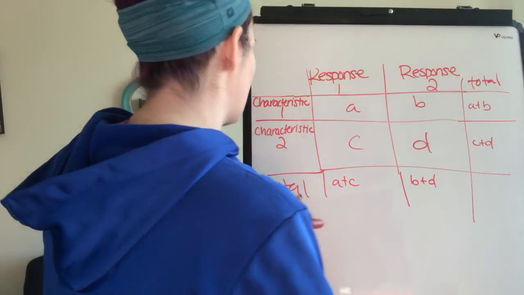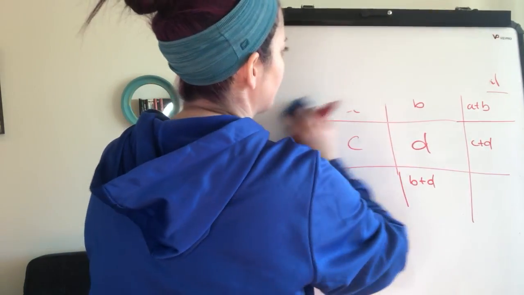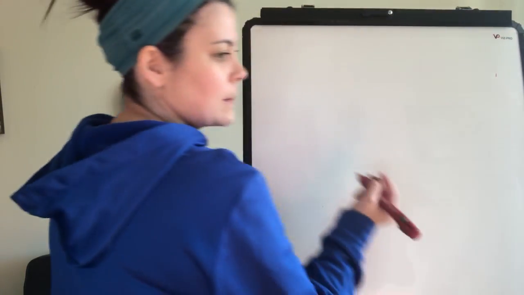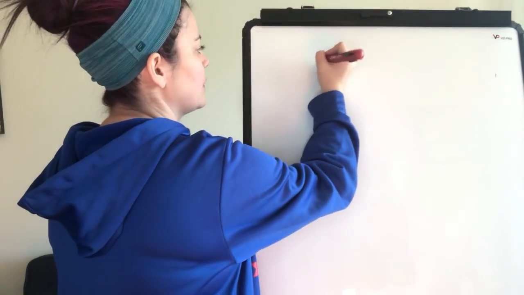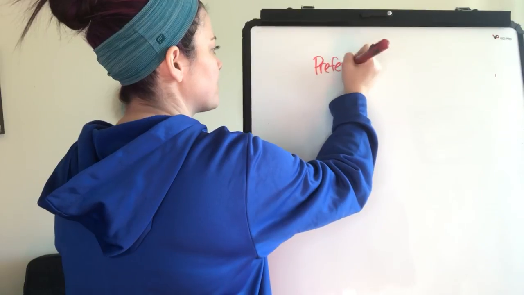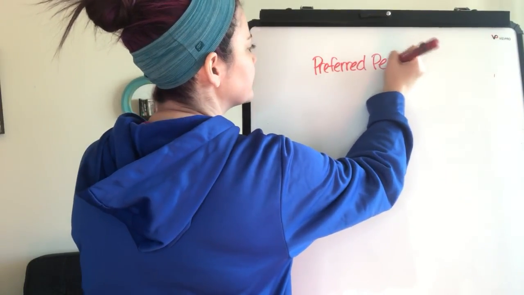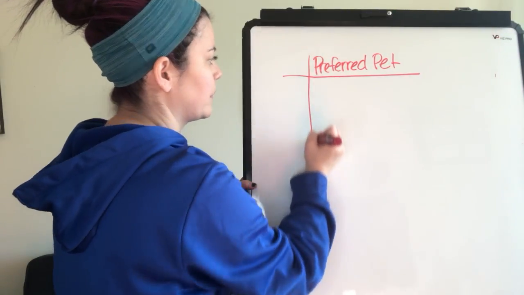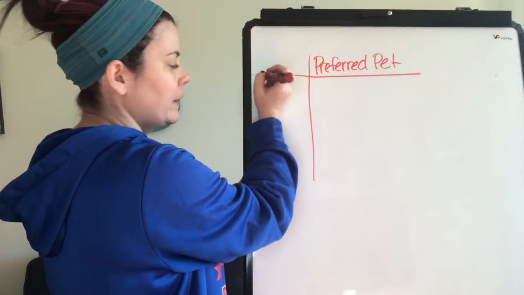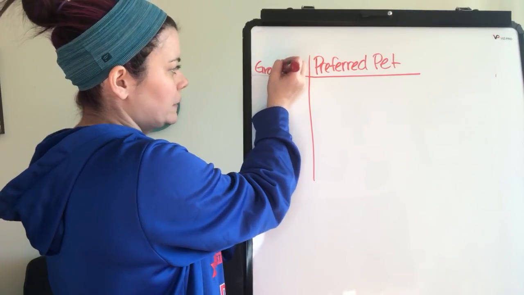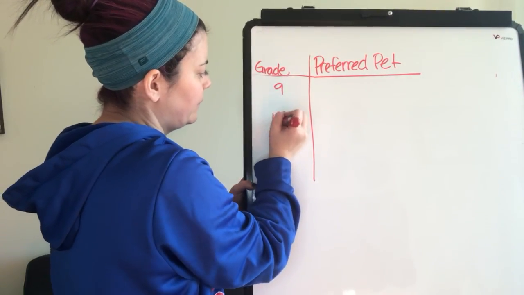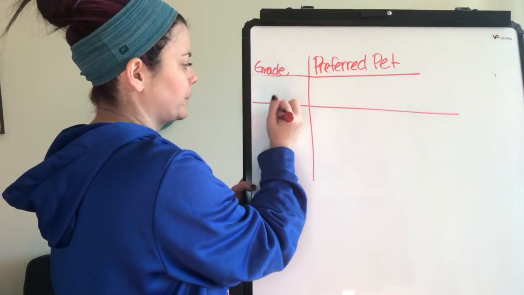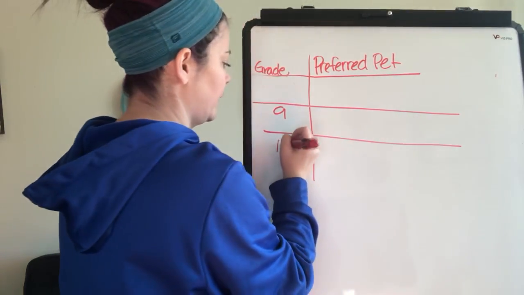I'm going to draw a table. This is preferred pet, and over here we have grade. So grade 9, 10.